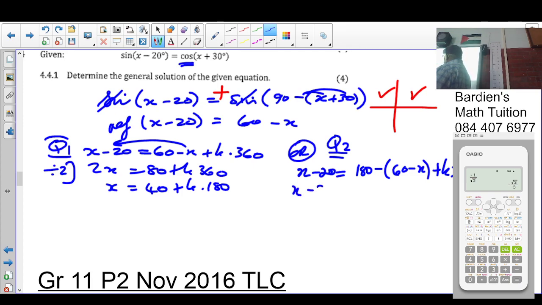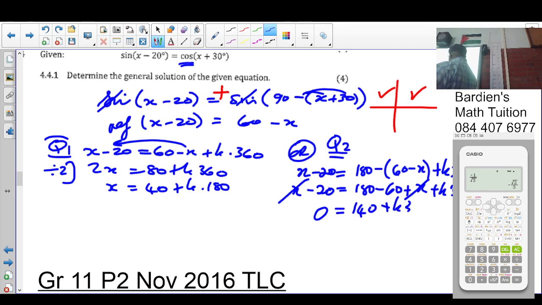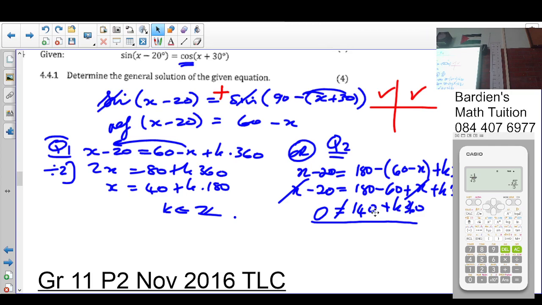So it becomes x minus 20 equals 180 minus 60 plus x plus k times 360. You see that x is cancelled here. So 0 is equal to 140. But what do you notice? Can this be the case? No, so no solution on that one. Okay? So what do I say? x is an element of integers.